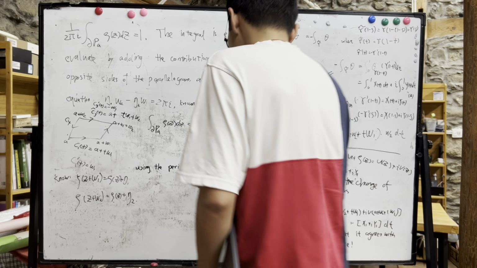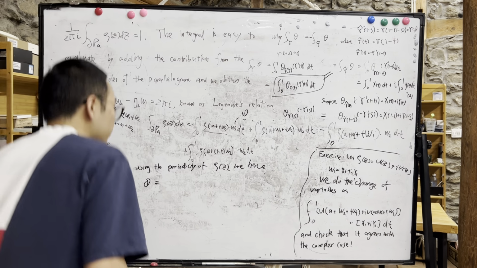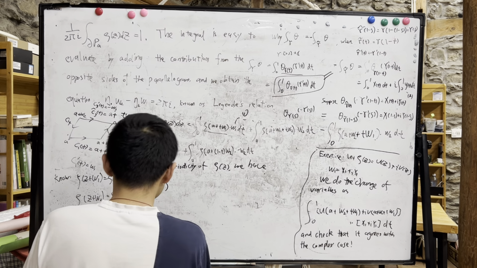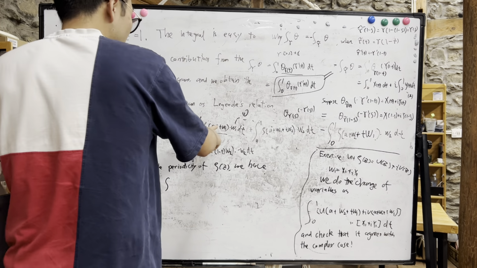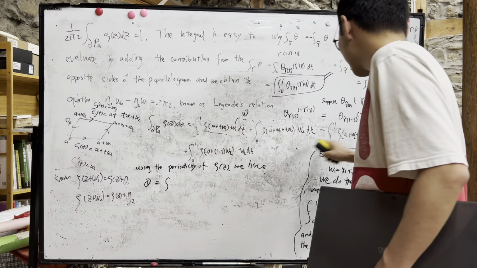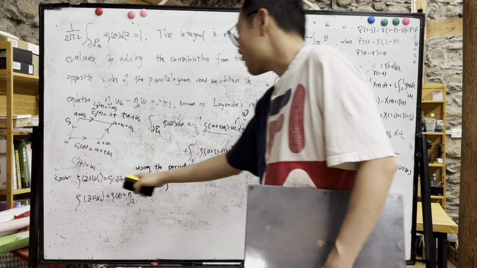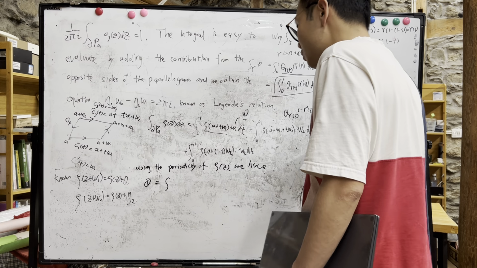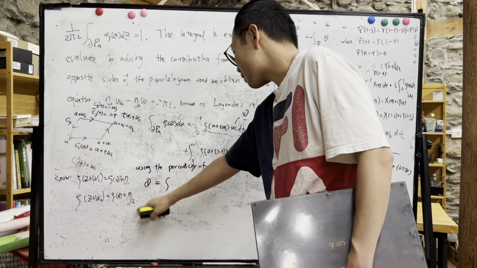So 1 becomes the integral from... wait, I was wrong. I need to use this one, because this is the original stuff, and this one is the original stuff plus omega 2, right? So I need to change this one to the original stuff, which is the one here, plus eta 2.